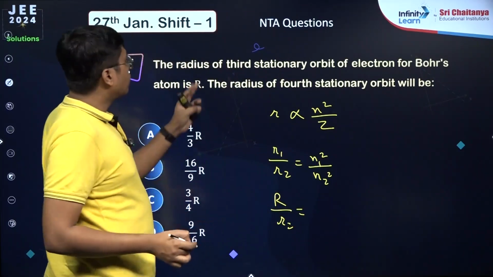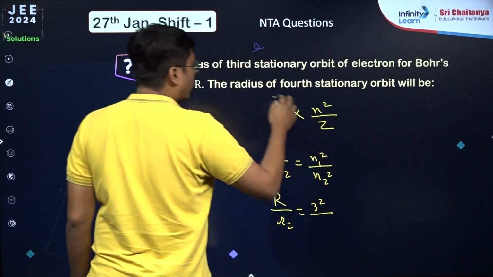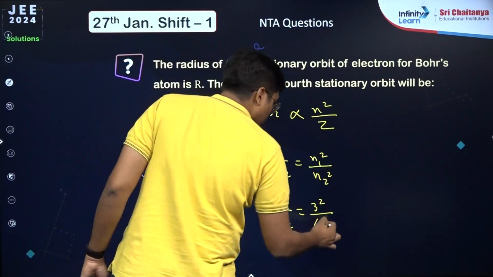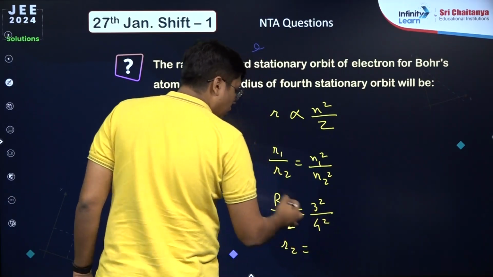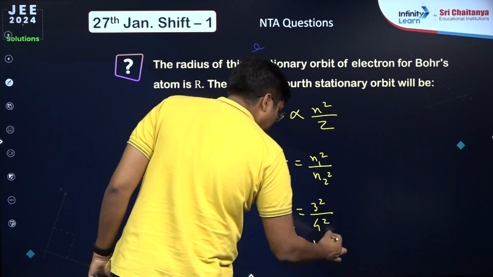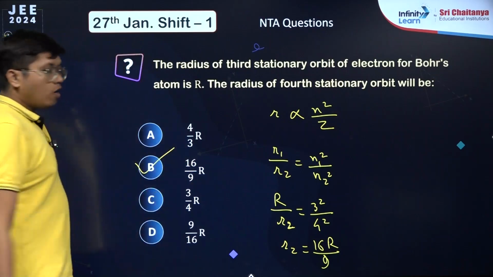Capital R was for the third stationary orbit. So 3 squared by, you want it in the fourth stationary orbit, 4 squared. So r2 comes out to be 4 squared, that is 16R by 9. You have your answer right away, option B.